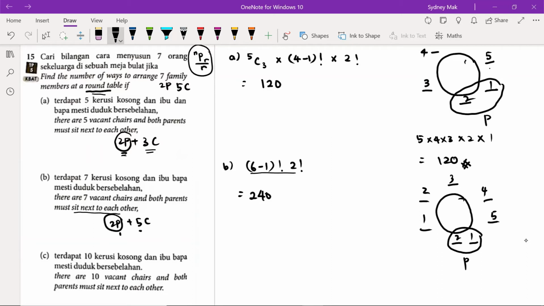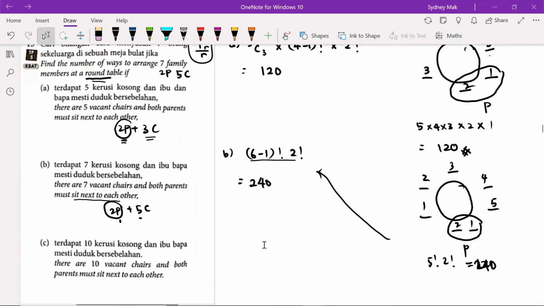So the number of arrangements will be 5, 4, 3, 2, 1 which is 5 factorial, and then the parents arrange among themselves, it is 2 factorial. Isn't it the same as this? We get the same answer, 240 ways, to arrange the seats around the table.